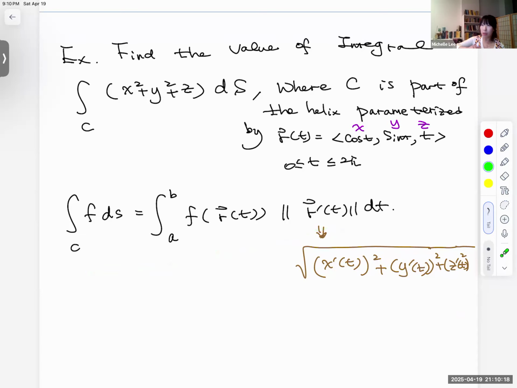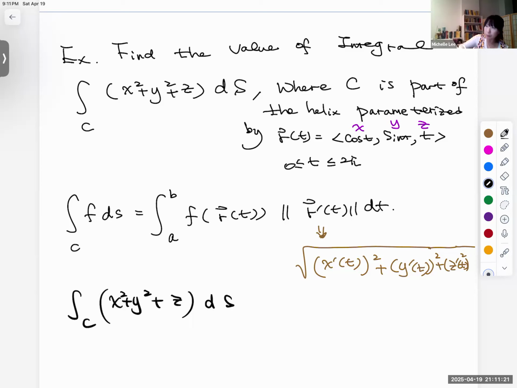We start with the line integral of x squared plus y squared plus z, not the square. Equal to, we are going to parameterize.